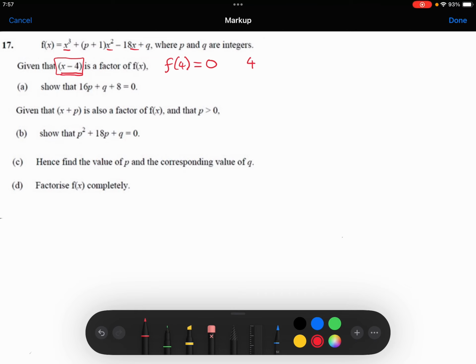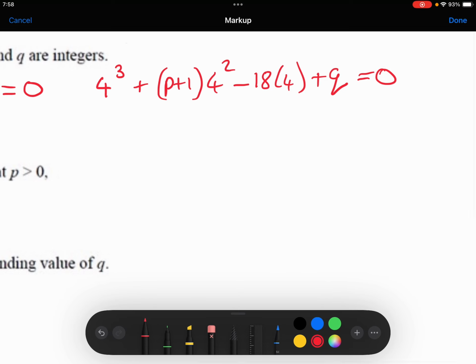So I will get 4 cubed plus p plus 1 times 4 squared minus 18 times 4 plus the q will be equal to 0. 4 cubed is 64. 4 squared is 16.